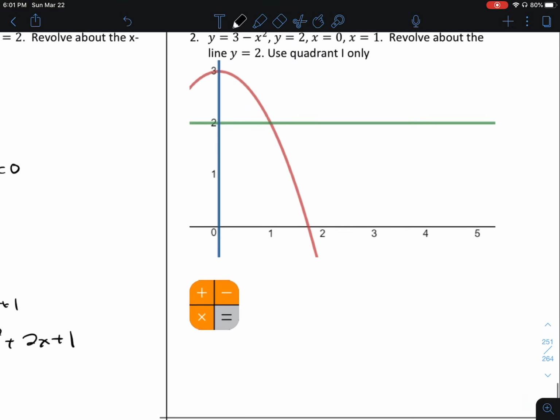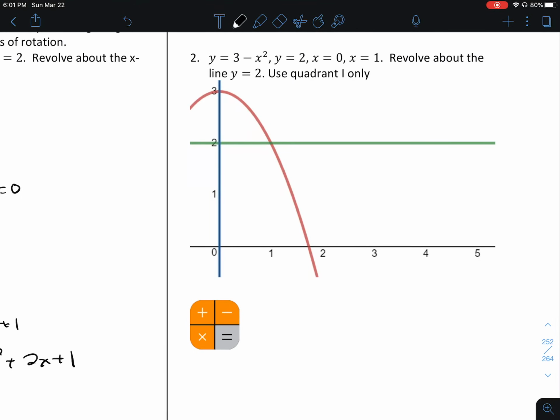This next problem, we're supposed to use a calculator. It says we got y equals 3x squared. That would definitely be this part right here. We got y is 2.